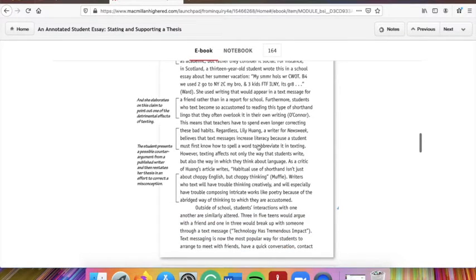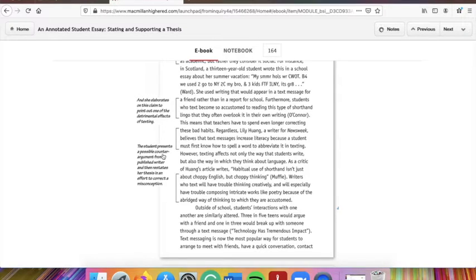Then the student, if you look here, presents a possible counter argument, which is something you will want to be looking at. And then she talks about here how reading and writing in shorthand can often affect how students type.